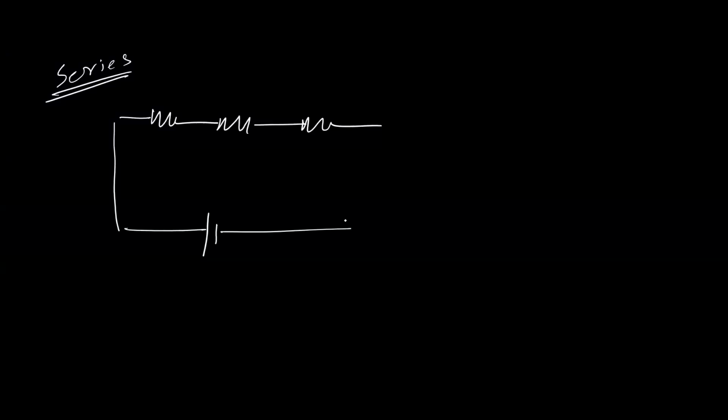So, when you look at a circuit like this, now let's say this is 20 ohm, this is 30 ohm, and this is 60 ohm.